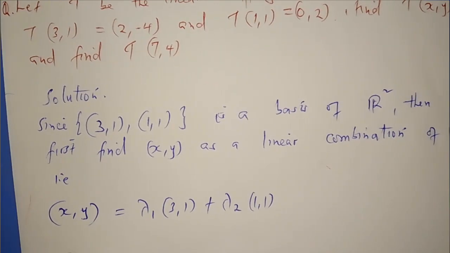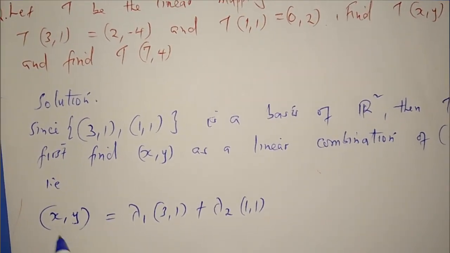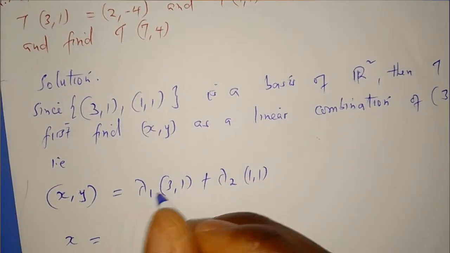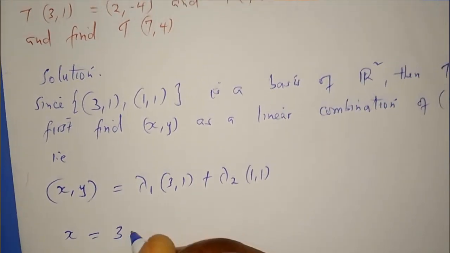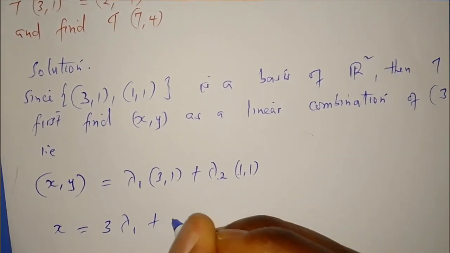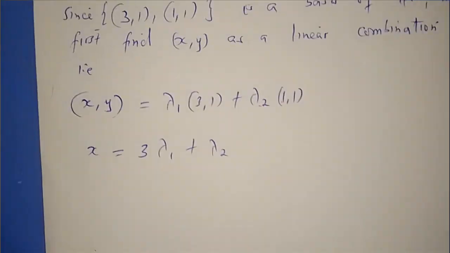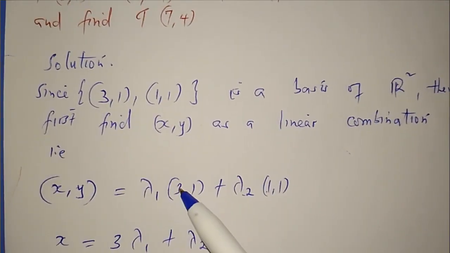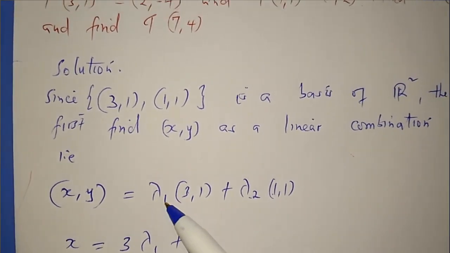So x is equal to 3 lambda 1 plus lambda 2. I'm just taking the coordinates of x, then I multiply by the lambdas.